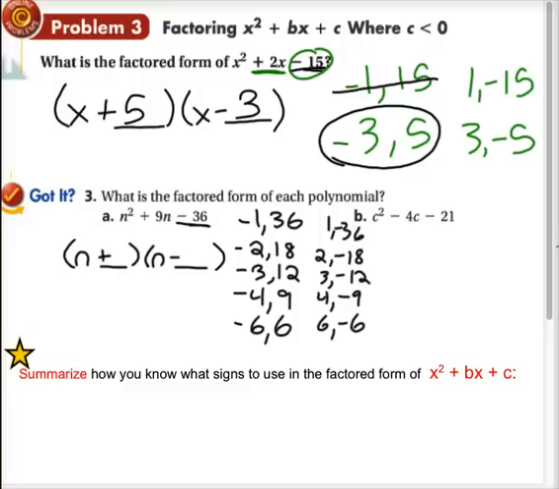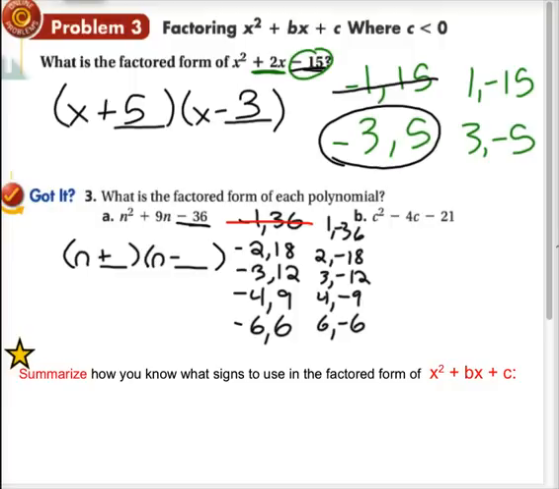All right, so we have a lot to run through here. So let's start trying some of these out. Negative 1 plus 36 gives us 35. So that's not going to give us the 9 that we're looking for by adding them together.